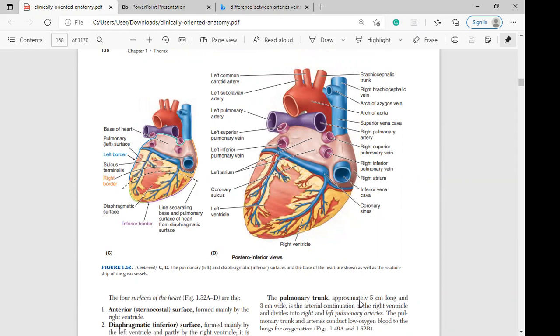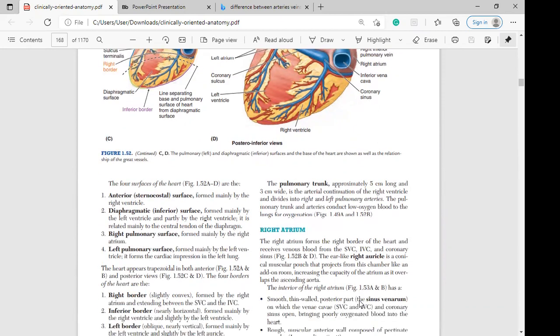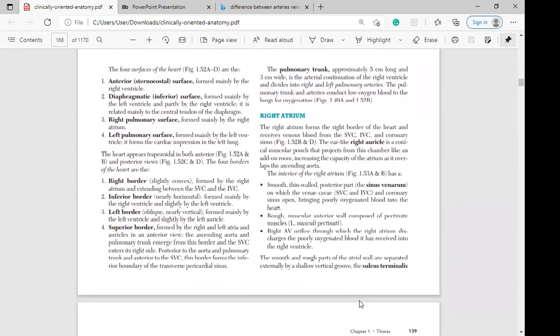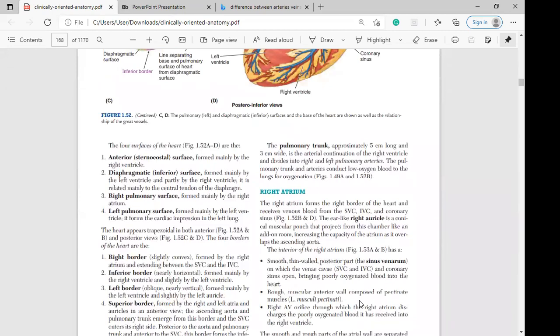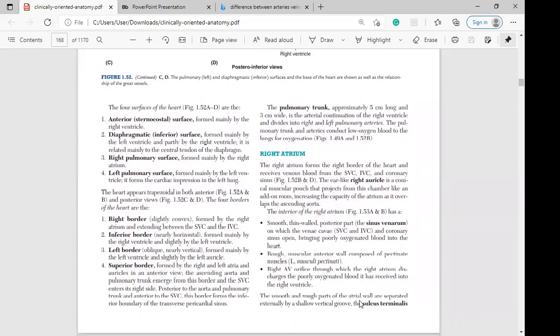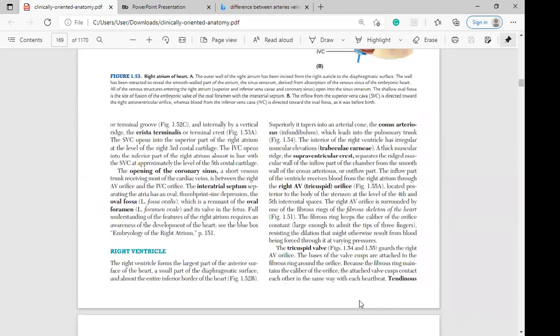Then I mentioned briefly that the heart has four surfaces or four borders, but we will look at them in the next class. I just mentioned them, but we will explain each of the borders and each of the surfaces in the next class.